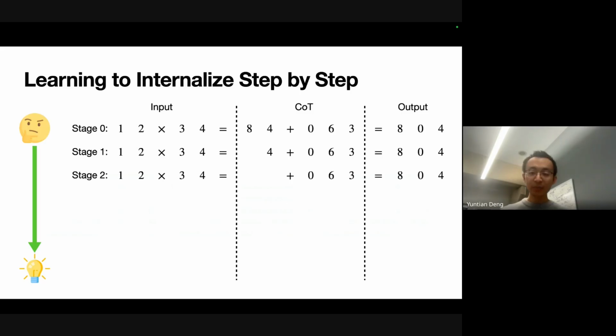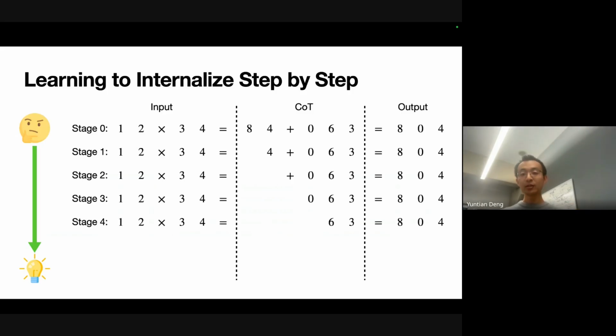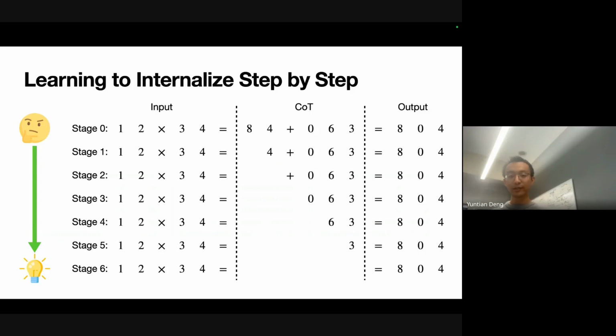And then we keep removing these tokens, and we keep fine-tuning until eventually all the chain-of-thought tokens have been internalized. And now the model is simply trained to output the answer directly, conditioned on the input. And now we have basically achieved our goal of internalizing this entire reasoning process into the model itself.